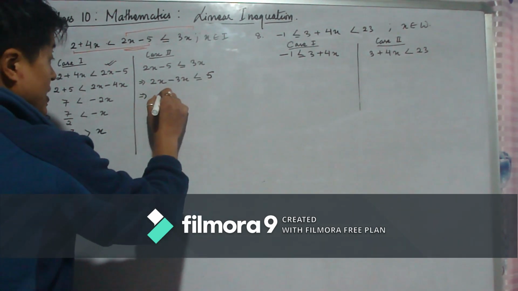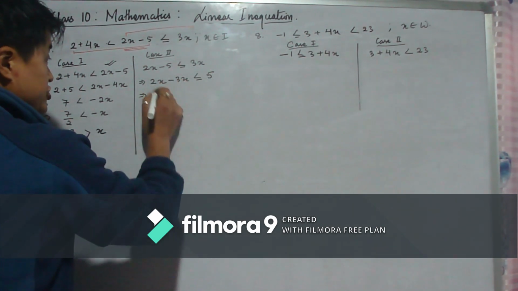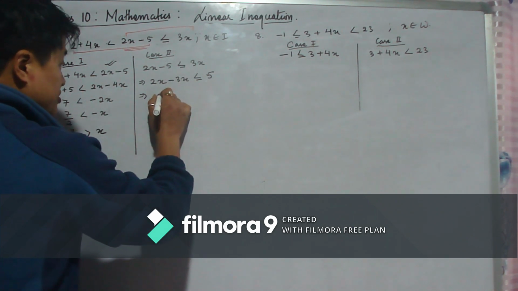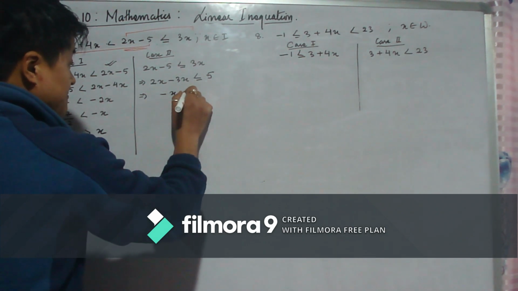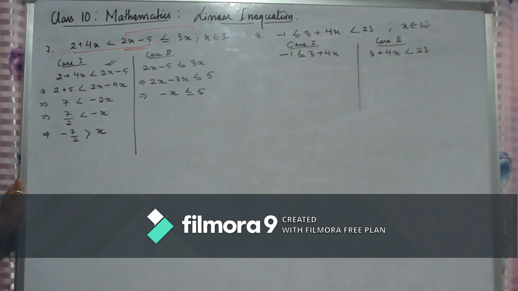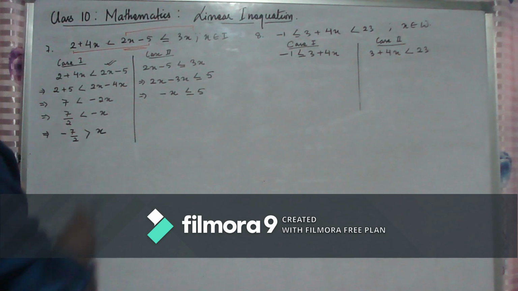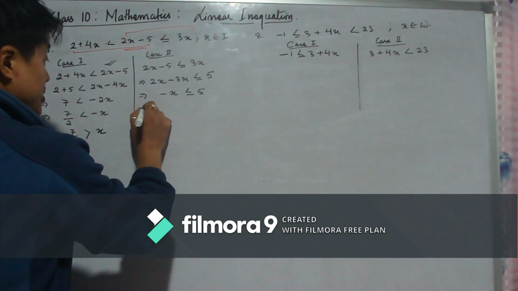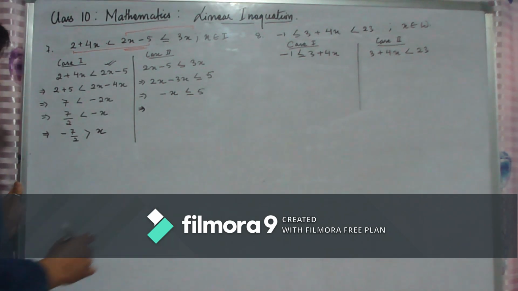This will give you minus x less than or equal to 5. Again we cannot keep minus x, so we have to change it into plus by multiplying both sides by minus 1.